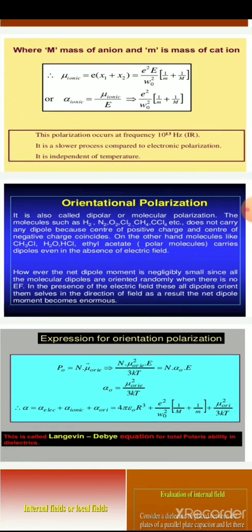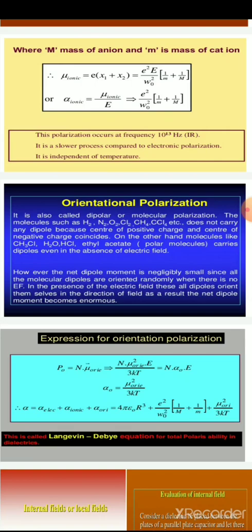It is also called dipole or molecular polarization. Molecules such as H2, N2, O2, Cl2, CH4, CCl4 are examples that do not have any dipole, because the center of positive charge and the center of negative charge coincide.